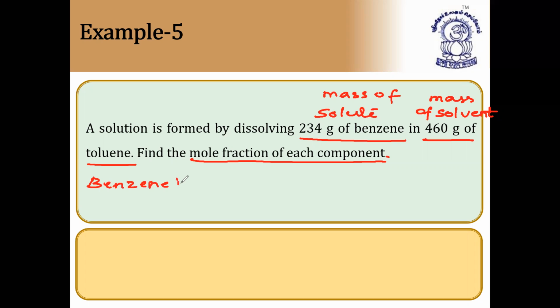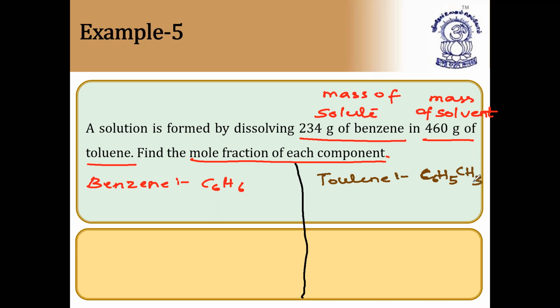So benzene formula is C6H6, and toluene formula is C6H5CH3. So we have benzene and toluene.